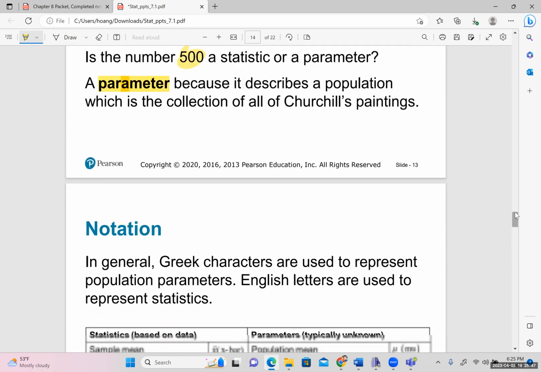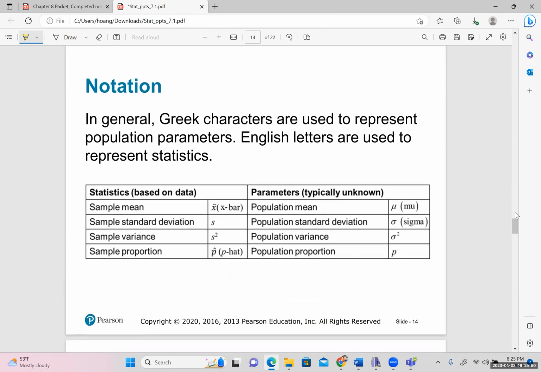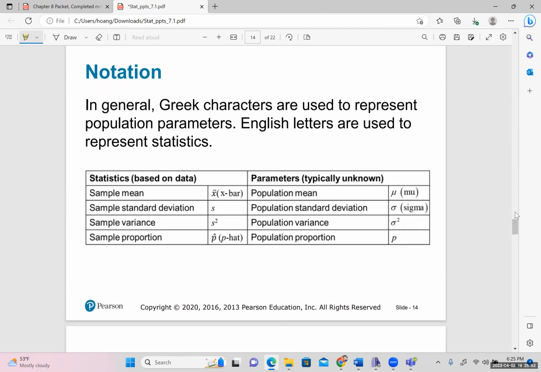So let's move to the notations. We have learned about the sample mean, with notation x bar, which is for statistics. We learned about sample standard deviation, which is s, and sample variance, which is s squared. And also the sample proportion, which is p hat.